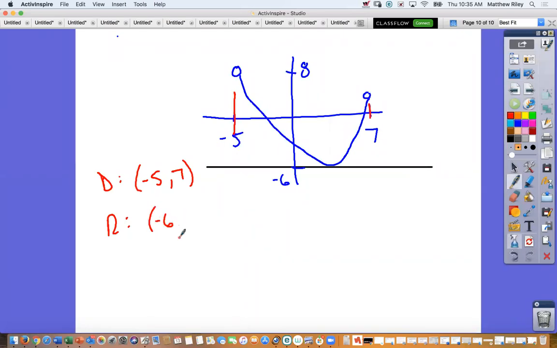Oh, but wait a minute, what did I do wrong? Should it be a bracket? Why, Caroline? Because it actually hits it. Exactly. So unless I clearly give you an indicator that it's open, that means that this actually hits -6. Wait, okay, I think I might have a stupid question.